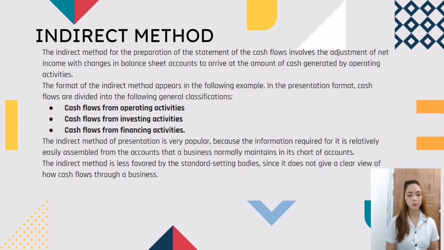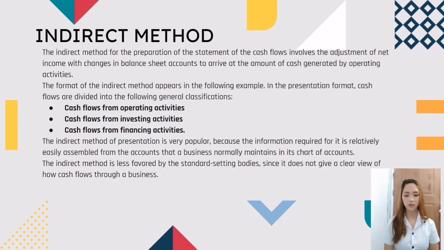It presents information about cash generated from operations and effects of various changes in the balance sheet on a company's cash position. The format of the indirect method appears in the following example. In the presentation format, cash flows are divided into the following general classifications: cash flows from operating activities, cash flows from investing activities, cash flows from financing activities.